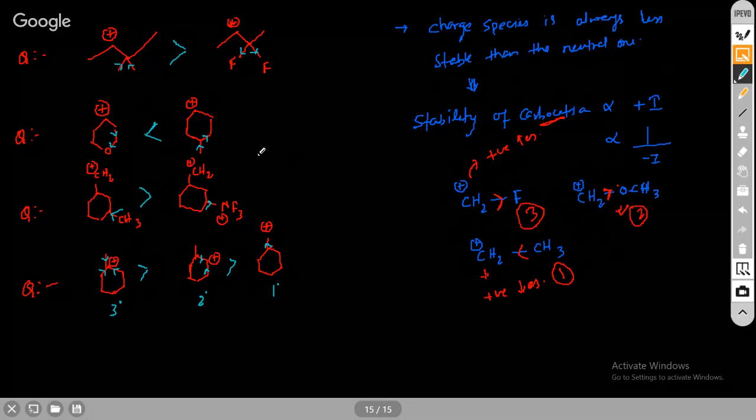Otherwise, you can understand this logically. Fluorine is withdrawing electrons. Oxygen is also withdrawing electrons, but this methyl has a tendency to release electrons, right? Because of this electron releasing tendency, the tendency of oxygen to withdraw electrons will decrease here. That is the first case. Second case, if you compare fluorine and oxygen, fluorine is more electronegative, so that will withdraw more electrons.